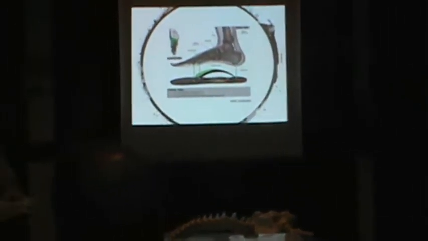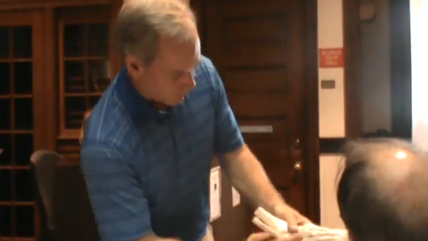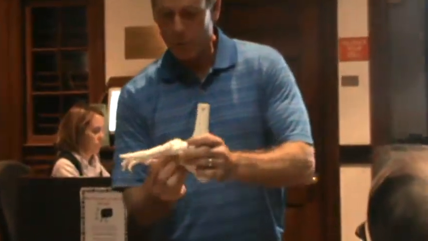And the reason why we want arch to our feet, 2 reasons. One is it provides strength to our feet, but it also supports the bones in the feet into a neutral position. The bones of the feet, when they're in a neutral position, matching up nicely and distributing the weight equally, your foot will have an arch to it.